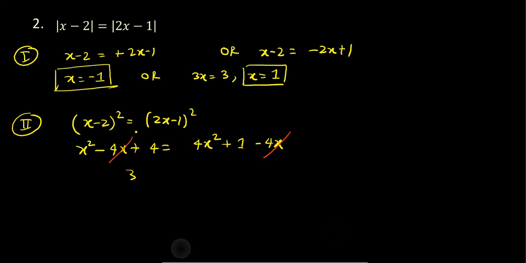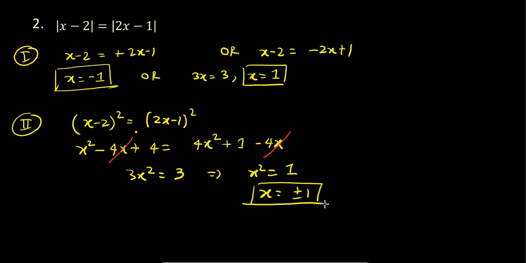So I will get 3x square is equal to 3. That means x square is equal to 1. So x is plus minus 1. The same result I am getting. I think this method 2 is simpler. But most commonly we will use method number 3, which is squaring the equations.